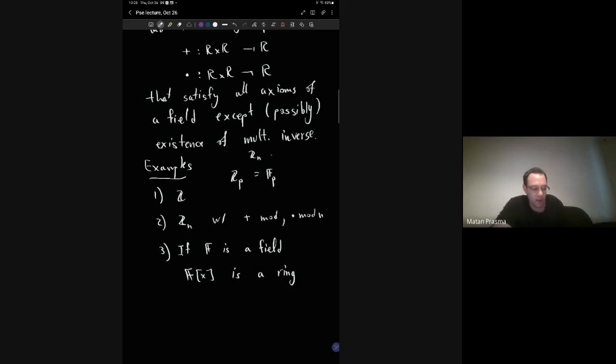And then in order to get to Z_p, we said, okay, what do we need for a multiplicative inverse? And the condition is that n is a prime.